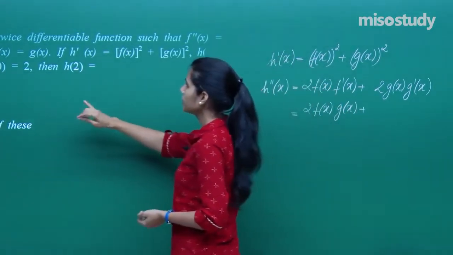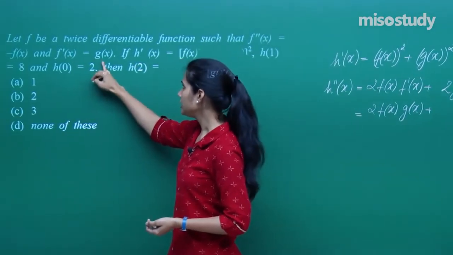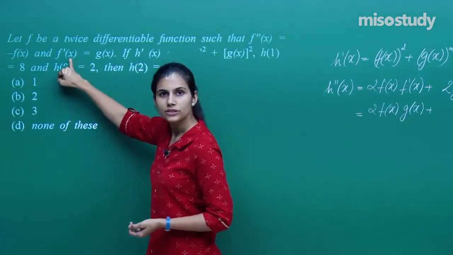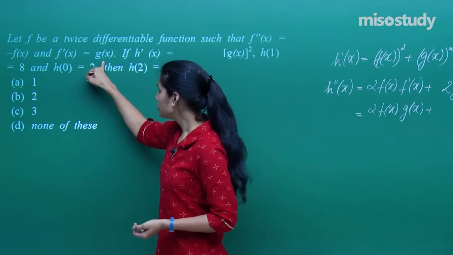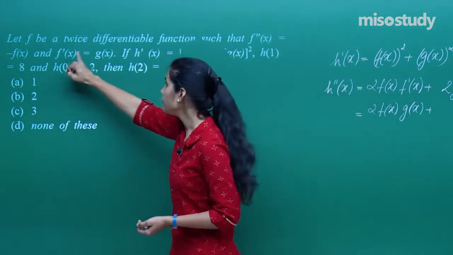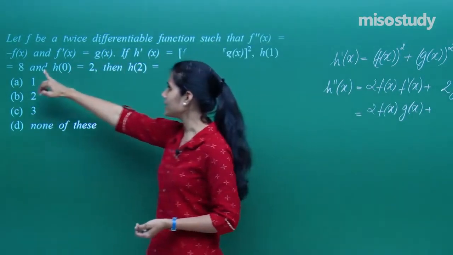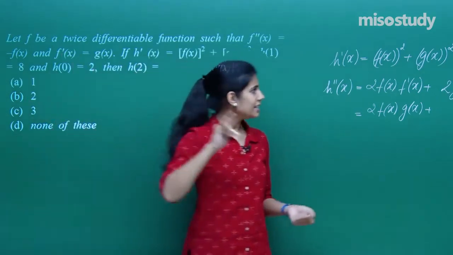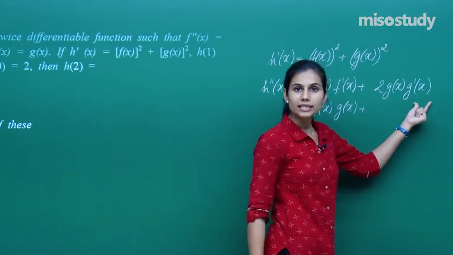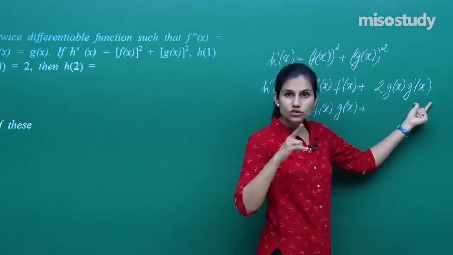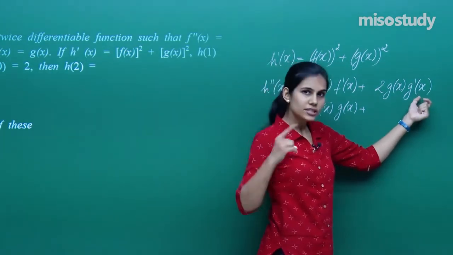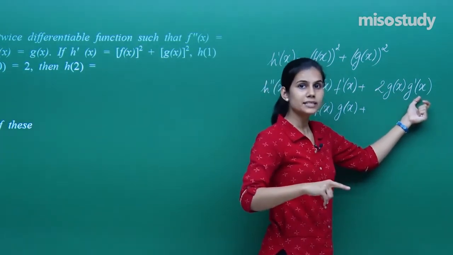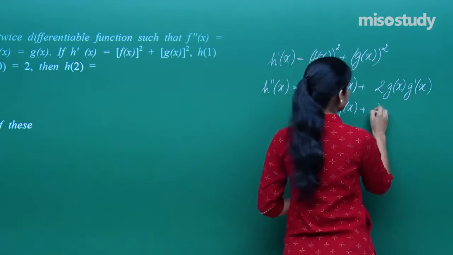Now see, if f dash is g, g dash is f double dash, and f double dash is given to me as minus f. So directly in place of g dash I can put minus f. Why? Because g is f dash, so g dash is f double dash, but f double dash is minus f, so g dash is minus f.